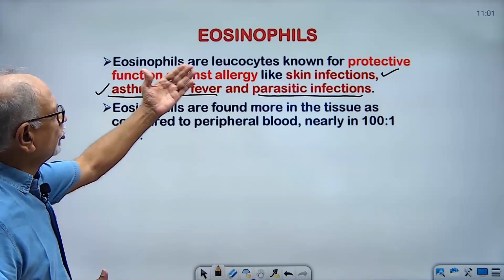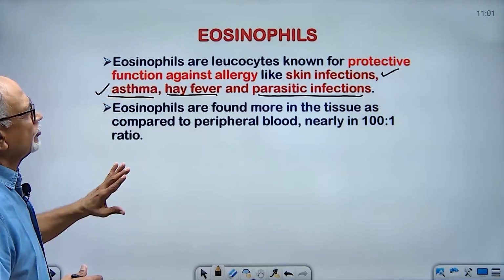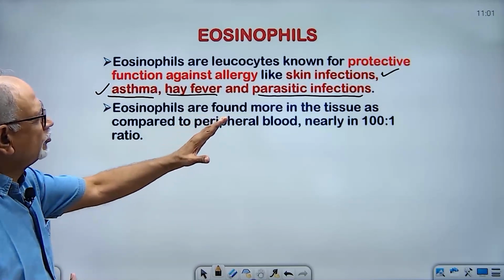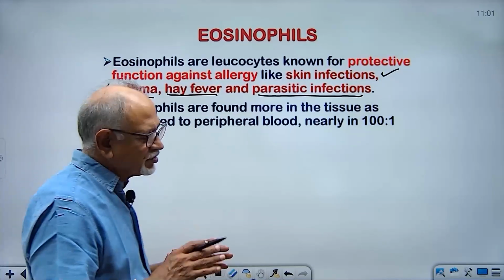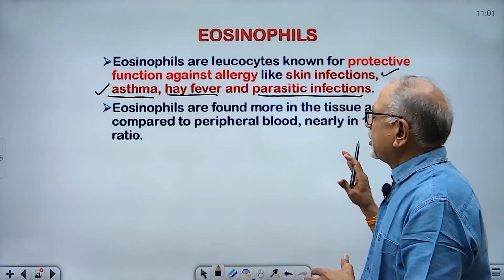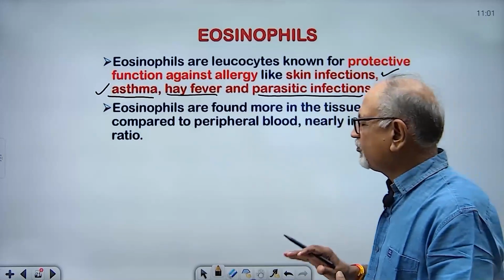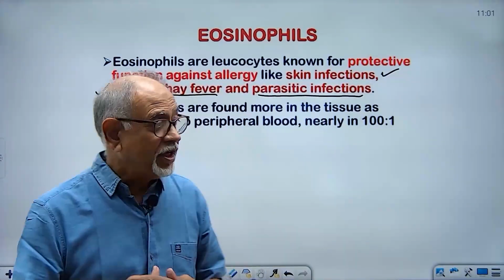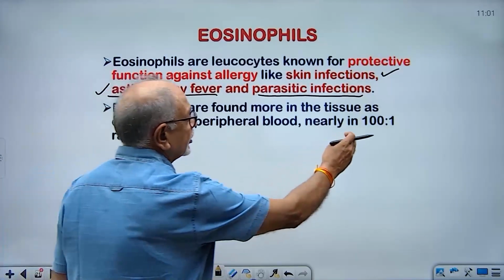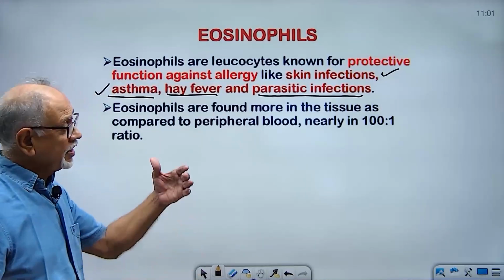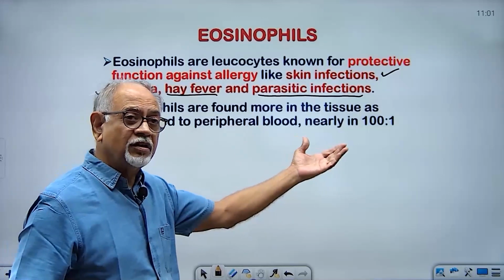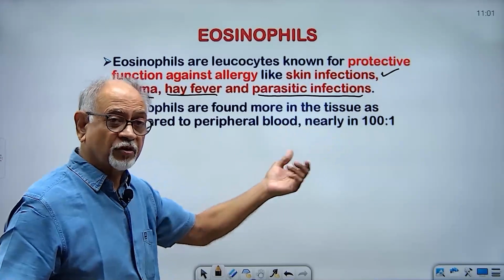So, in those conditions, eosinophils have work to do. The eosinophils are found more in tissue as compared to blood, because their main function is in the tissue. Therefore, their ratio in tissue to blood is 100:1. That is 100 eosinophils in tissue and only one part in the circulating blood.